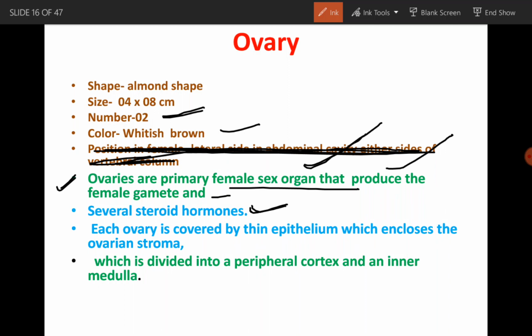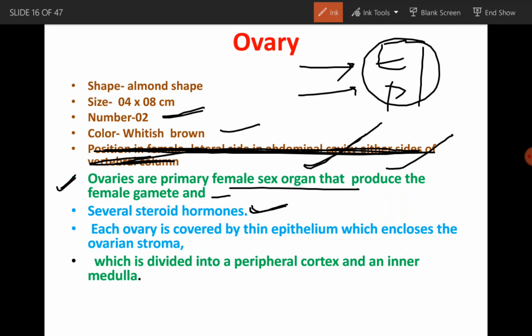Several steroid hormones are also secreted by the ovary, basically two hormones: estrogen and progesterone. These two hormones play a very important role in the menstrual cycle.